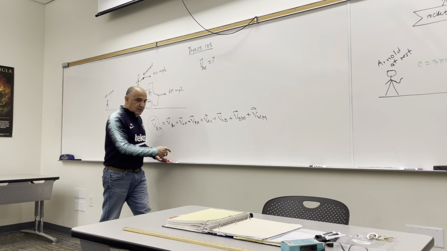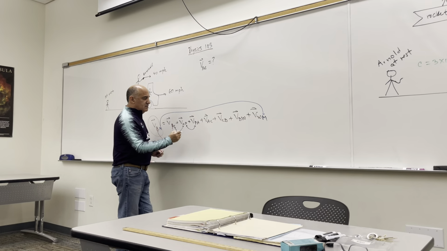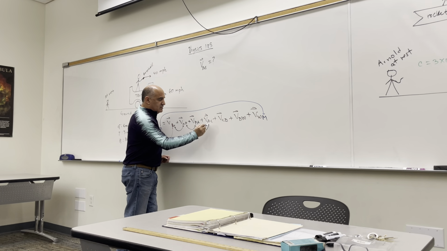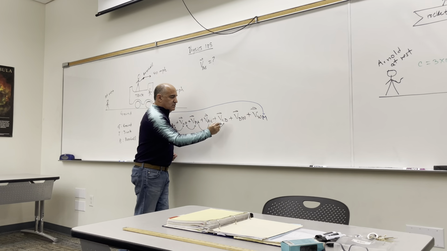But then what about all the other letters? Well, the second one here is the same as the first one in the next term. The second one here is the same as the first letter in the next term. The second one here is the same as that one. This one is the same as that one. So I could have continued. I could have written WZ and then VZE and then VED and then D and then finish. We could have done that.